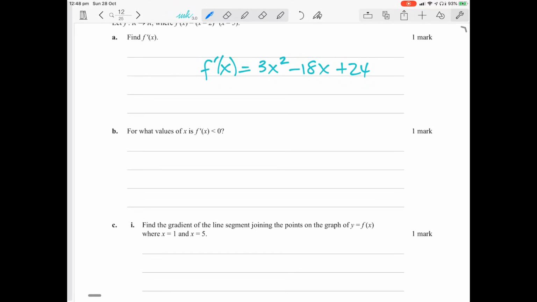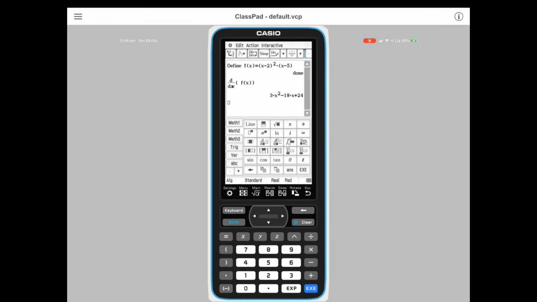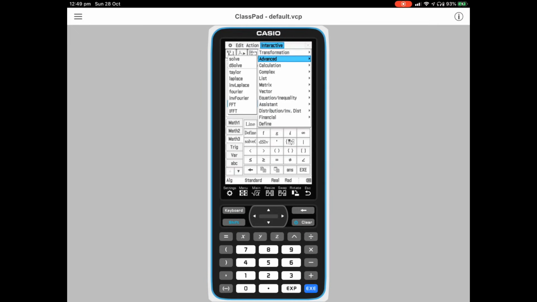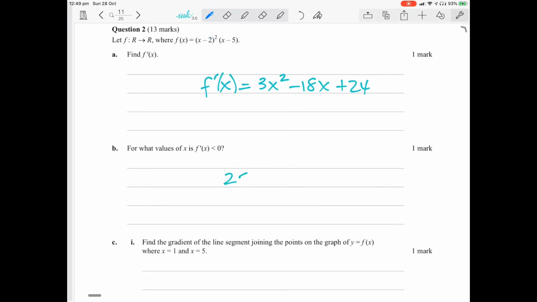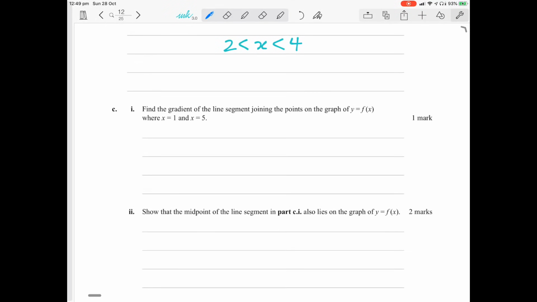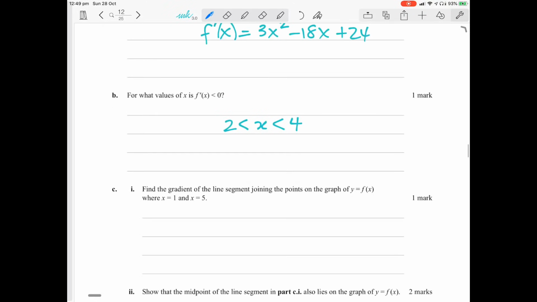For what values is the gradient less than 0? So less than 0, between 2 and 4. Find the gradient of the line segment joining the points where x equals 1 and 5.